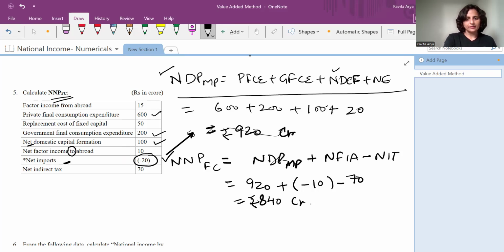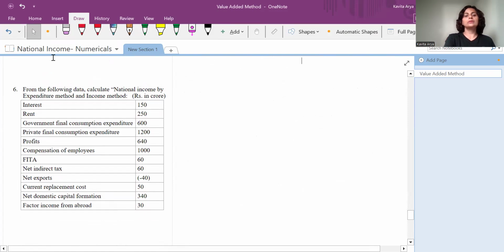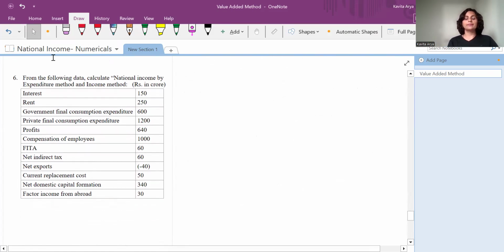Now I have some collection of both the methods to be used in one particular numerical. Ideal situation is, because it's the same economy you're talking about, whether you find the solution by income method or value added method or expenditure method, the answer should be the same.